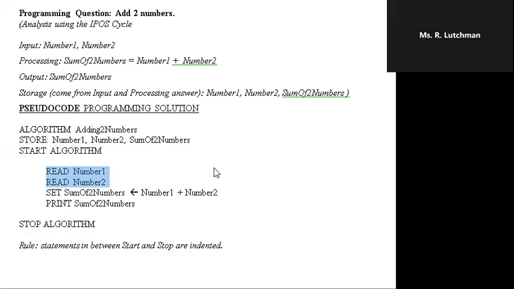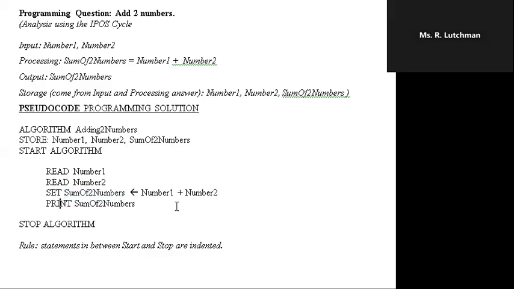Then we move into input. I had two inputs, so I listed them separately on different lines, and I put the command in front of each one, the read command for input. After that, on another line, we had our processing with the command set, and instead of an equal sign, we have a backward arrow. So it means that number1 and number2 are added, and whatever value you get here is stored in the answer variable name here.